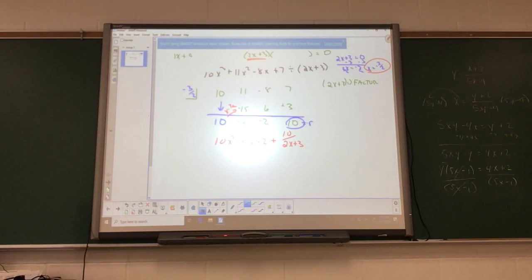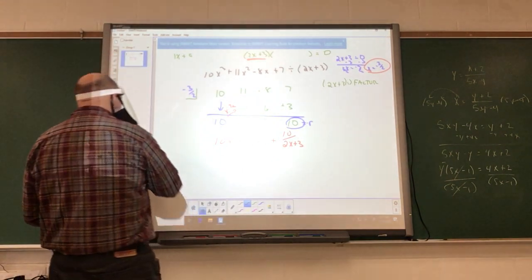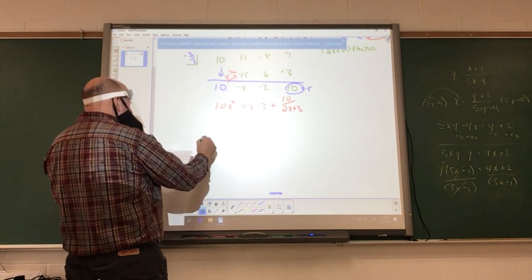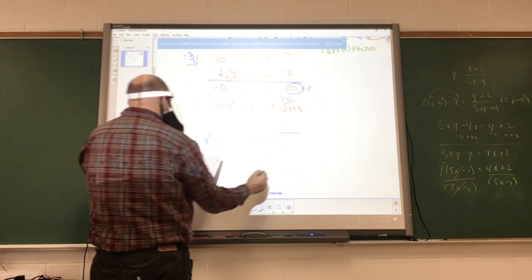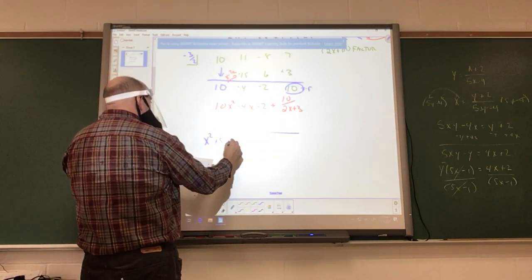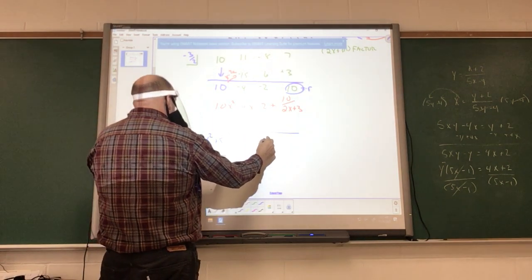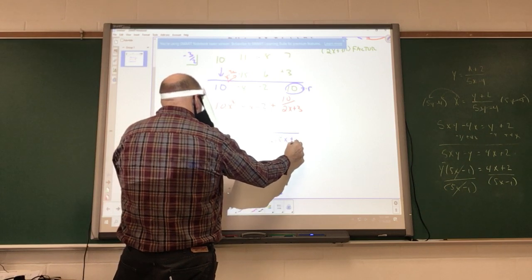If we look at the problem right before that, divide by long division. We have x squared plus 5. We're dividing this into 3x cubed minus 7x squared plus 15x plus 29.